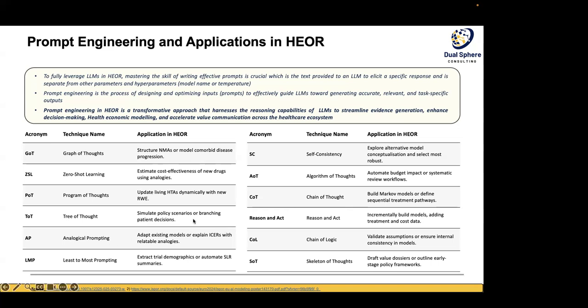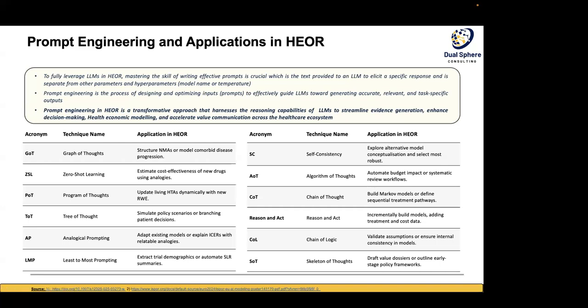Analog prompting, okay, adapt existing models or explain ISRs with relatable analogies. Least to most prompting, extract trial demographics or automate SLR summaries. Self consistency, explore alternative model conceptualizations and select the most robust. Algorithm of thoughts, automate budget impact or systematic review workflows.